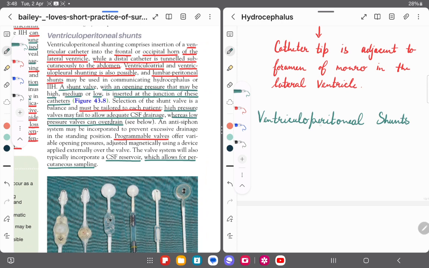So in ventriculoperitoneal shunts, there is a ventricular catheter in the lateral ventricle.